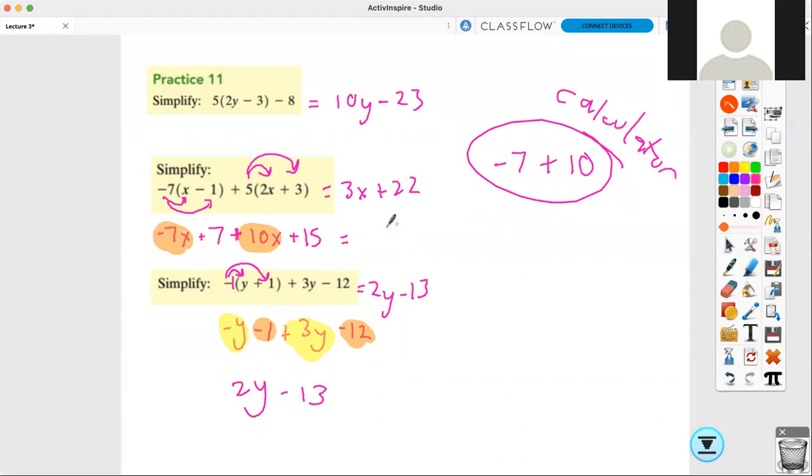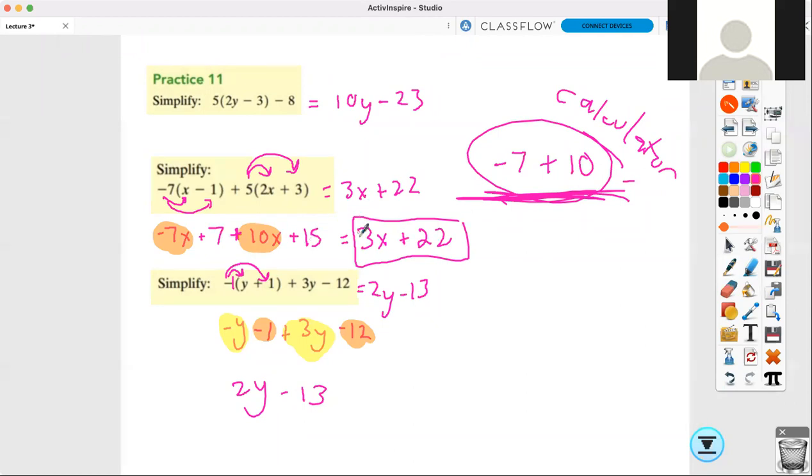I got negative 3x. Did you plug it in exactly the way I have it written here? Negative 7 plus 10. I mean positive, I'm sorry. Okay, cool. And then it should be an x, right? And then what do we do with the 7 and 15? The 7 and 15 you add, and you get what? 22. And we're done.